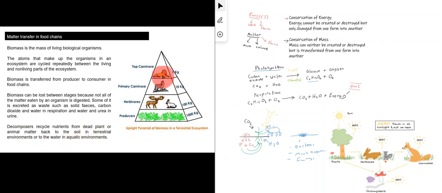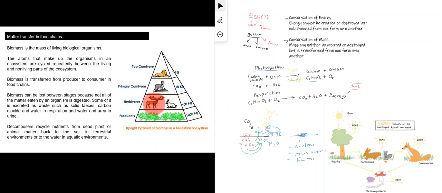If we have a look at this example here, let's say we have 1,000 kg of mass in the form of grass as producers. Then we have these primary consumers, and when they eat this grass, the amount of mass that they take from the grass into their body is only 100 kg.